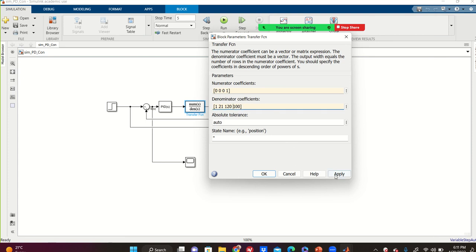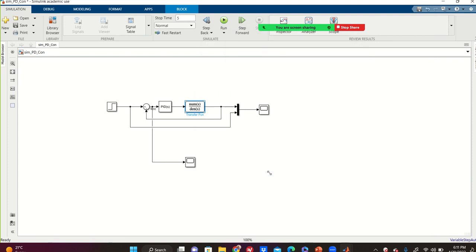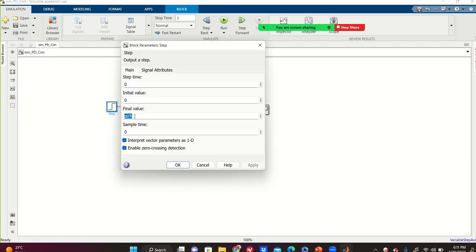Okay. Hopefully it works. Again, I'm saying this because it is not exactly S-shaped, and if we didn't make any mistake, hopefully, I'm going to say final value 1. Step function.